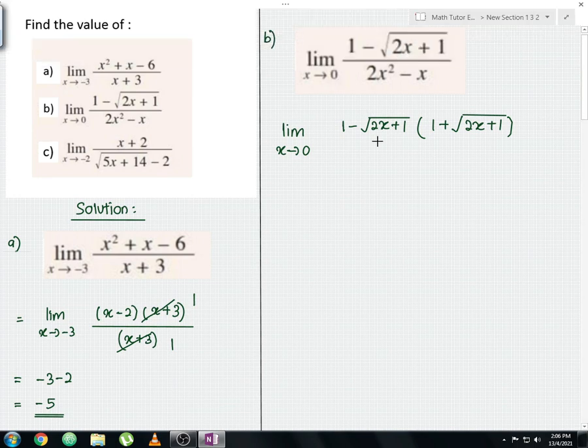Okay, so let me underline the fraction as well. So once you times the numerator, you also must times the same thing for the denominator. Okay, so from here 2x square minus x, and then you times with the 1 plus square root 2x plus 1.